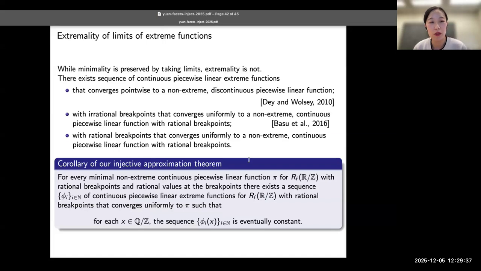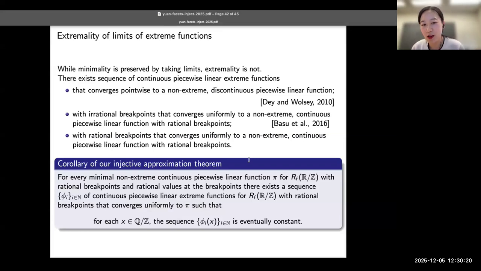We also know there exists a sequence of piecewise linear extreme functions with rational points that converges pointwise and uniformly to a non-extreme function. With this new construction, we can show, with the further addition of, that it converges uniformly to a continuous piecewise function. We can also find a sequence of continuous piecewise linear extreme functions with rational points that converges uniformly to a non-extreme continuous piecewise linear function with rational points.